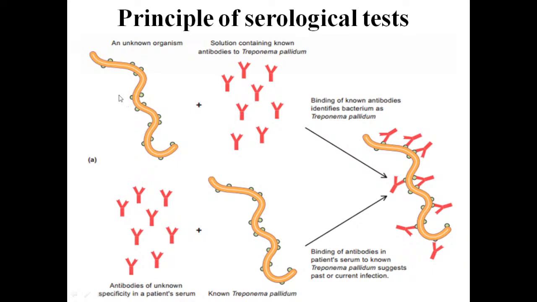It is the first variant. Then in the second variant we may use antibodies from the patient, unknown antibodies, and known bacteria Treponema pallidum. If they are specific to each other, they bond, and we may understand that the test is positive.